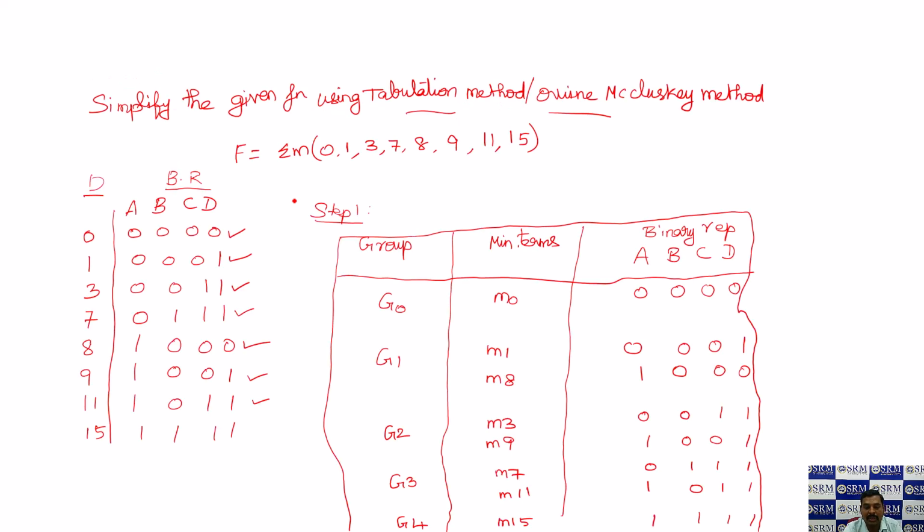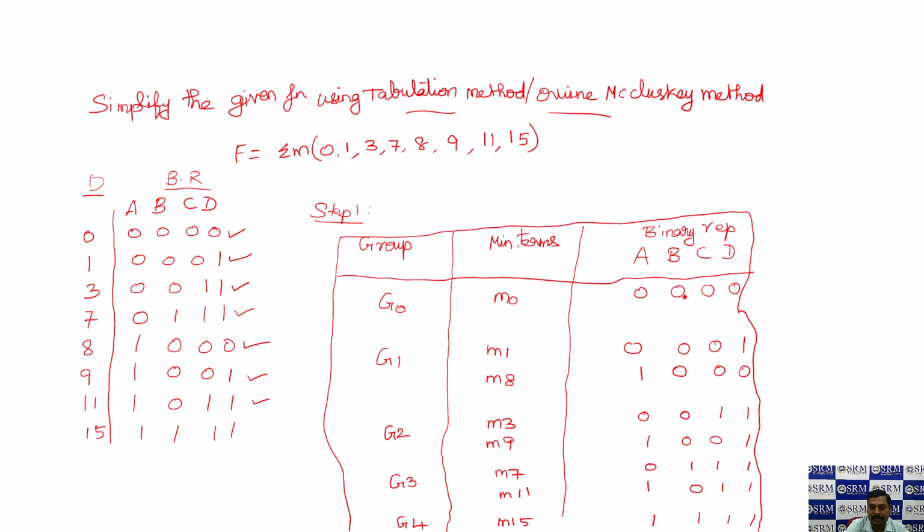group G0 with G1, which means I'm going to combine G0 with G1 here. So I'm going to verify whether the minterms have only 1 bit variation. Now look here, M0 with M1. For M0, it is all zeros. Now I'm going to verify how many bits are varying among the groups.